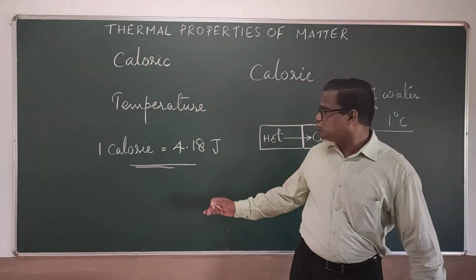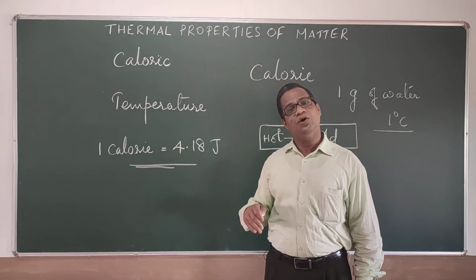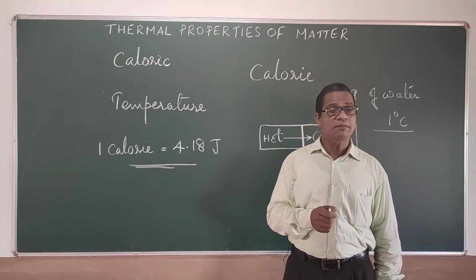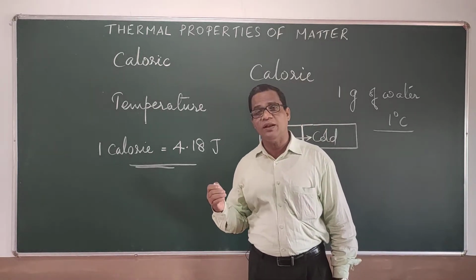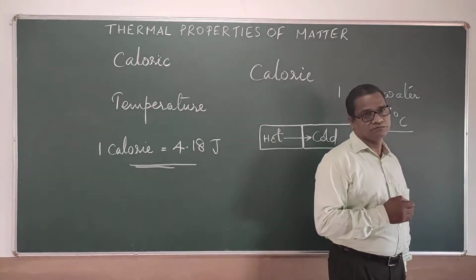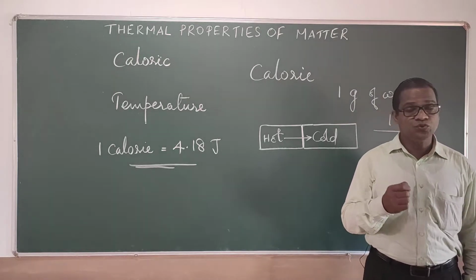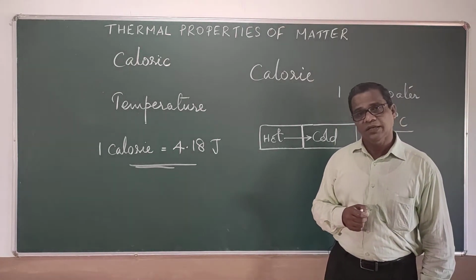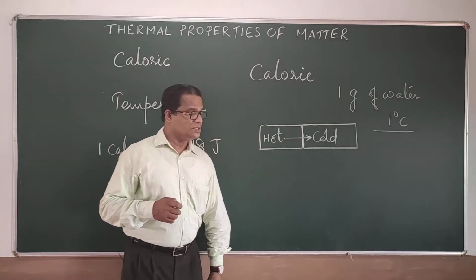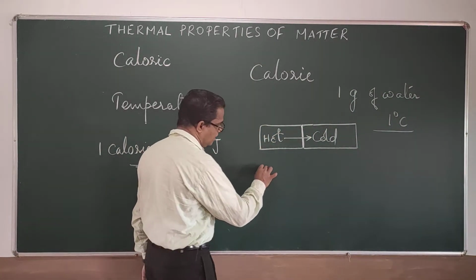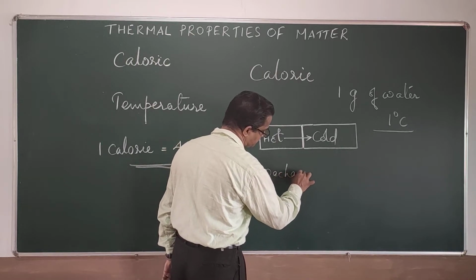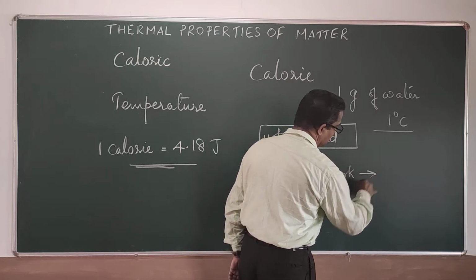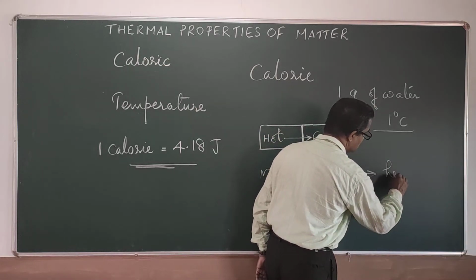This relation is obtained from a quantity called Joule's mechanical equivalent of heat. Once again, Joule's mechanical equivalent of heat energy. So that is connecting mechanical work with heat produced.